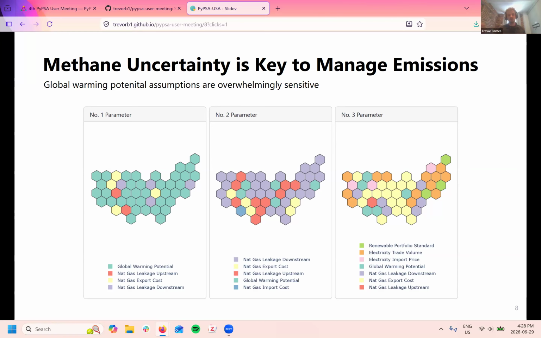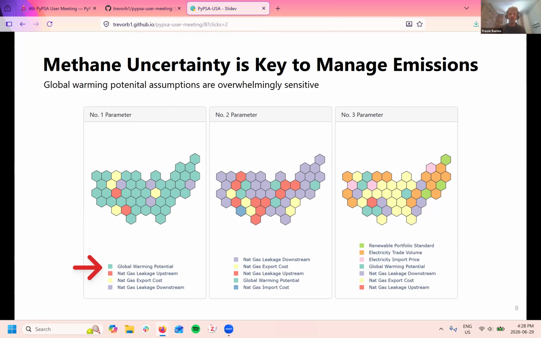So carbon and methane summed together. Green is showing your global warming potential value. So this is the CO2e value I attach to methane leakage. That is overwhelmingly the most impactful parameter when you're measuring total carbon results.